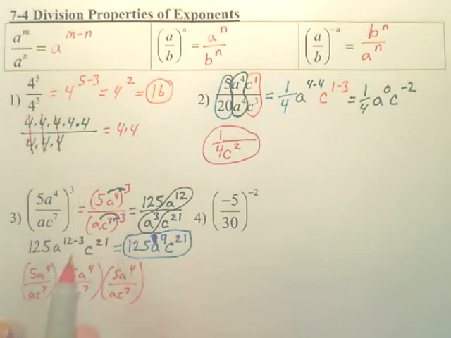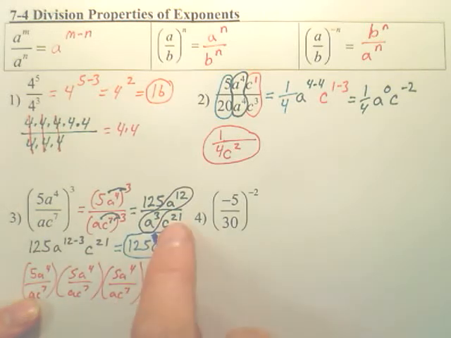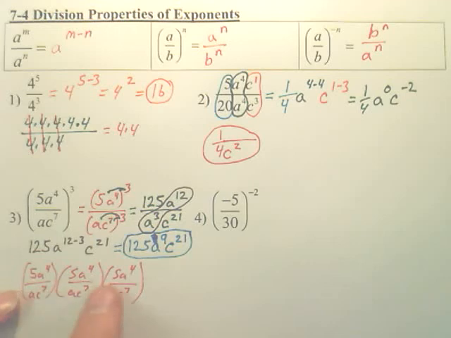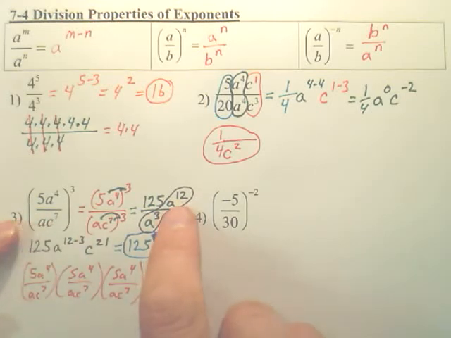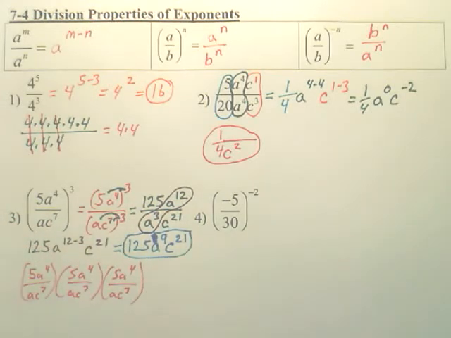See, this value to the third power means write it 3 times. Now if you watch this, 5 times 5 times 5 is 125. A to the 4th, a to the 4th, a to the 4th is a to the 12th. A is a to the 3rd. And c to the 7th, c to the 7th, c to the 7th is c to the 21st. So this is what's happening to get to this green. Then you have to be able to simplify it down a little bit more.